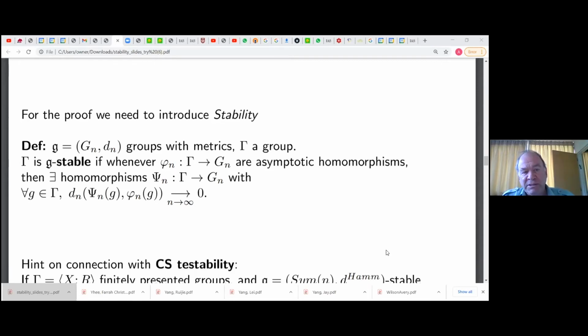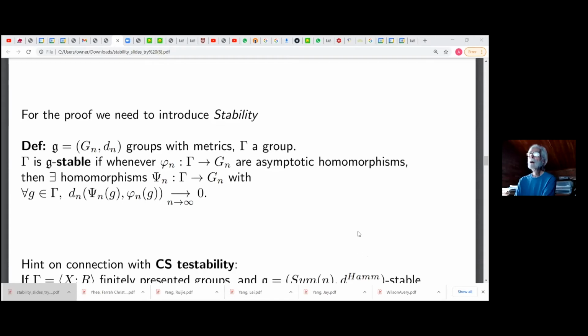But I don't know if I will say much about that aspect. So let me explain the notion of stability. Even if you lost me before, in some sense I'm starting a new talk. And eventually, of course, they will be connected.